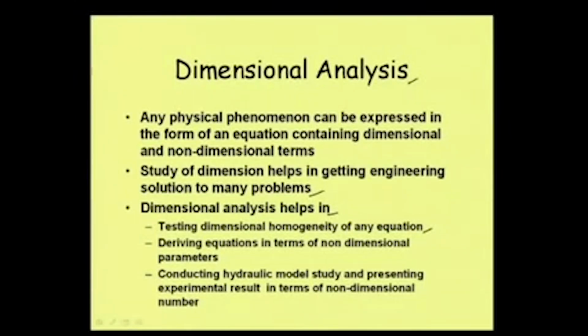The next point is that it helps in deriving equations in terms of non-dimensional parameters. If we recall our class on uniform flow, there also we derived one non-dimensional equation, and that sort of equation we can derive once we know what dimension is and what dimensional analysis is. So that way also it helps.